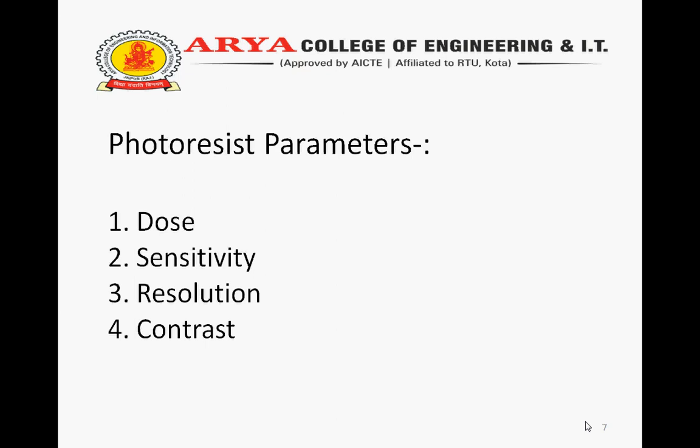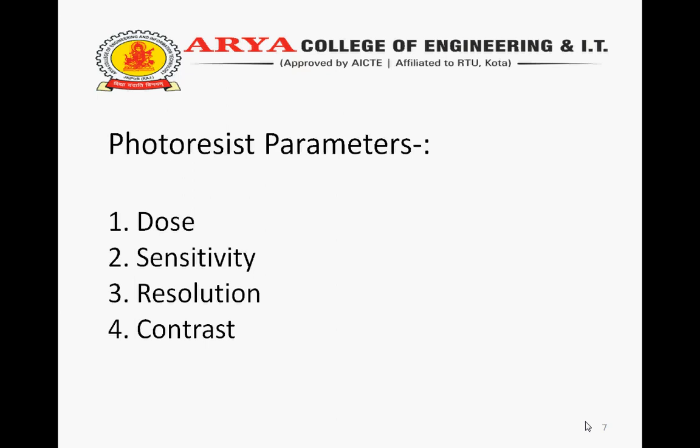Ion dose can also be similarly defined for charged particles. The dose is usually expressed in coulombs per unit area, while for photons it is usually in energy, calories or joules per unit area.